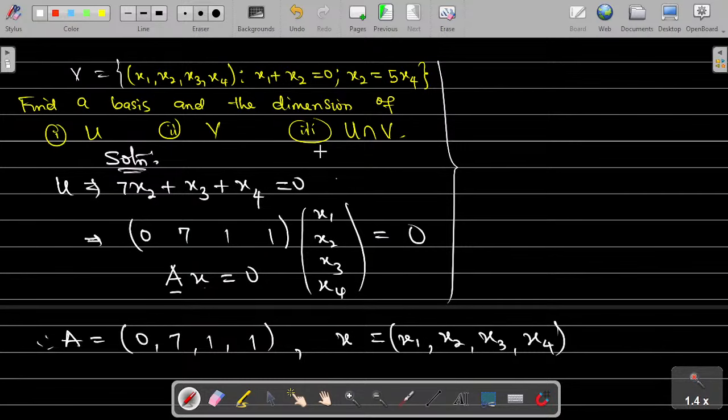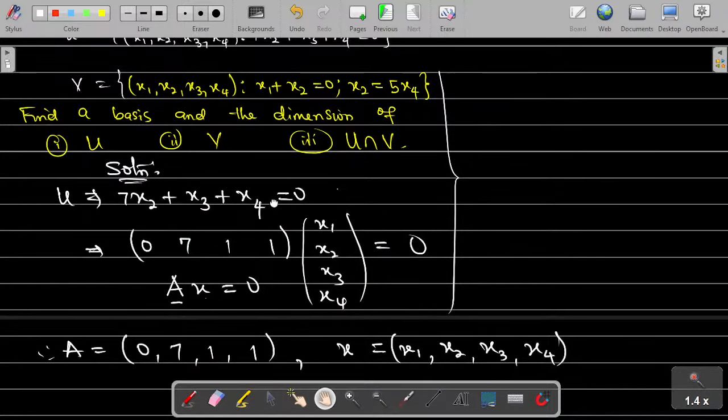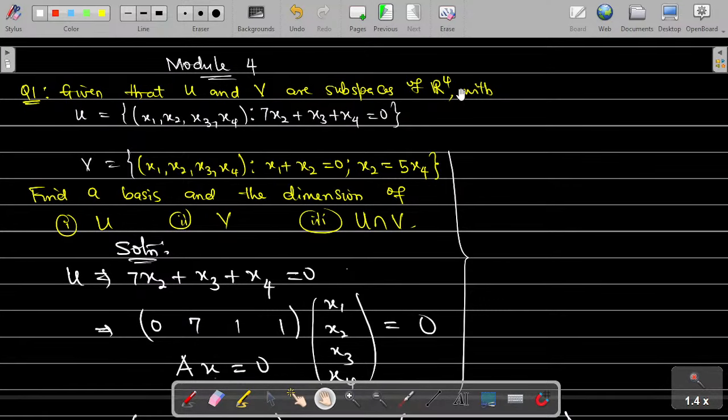Here we are already told that our U and V are subspaces of R4, so the solution set will also be a subspace of R4. So you just fill in that k is equal to 4.